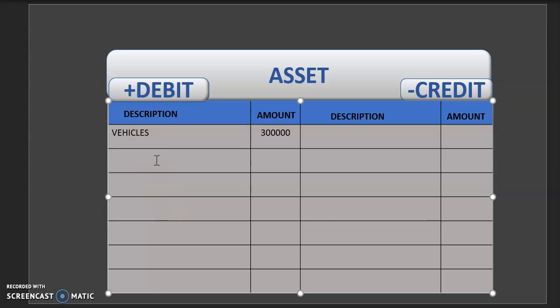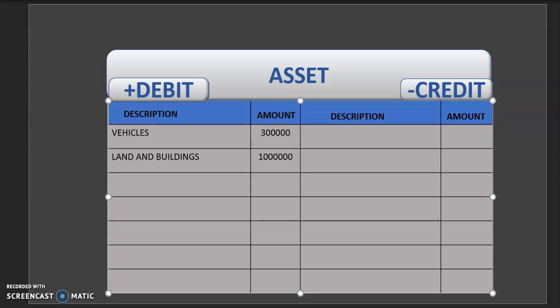Another transaction would be, let's say we acquire land and buildings to the value of 1 million, right? That's good for our business. So our business now has 2 assets, or 3, but land and buildings in this case we're going to look at as 1 asset.